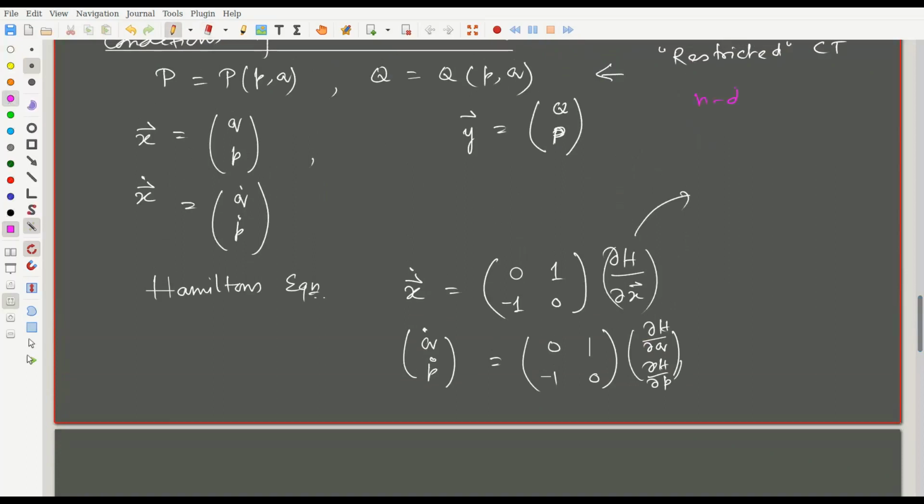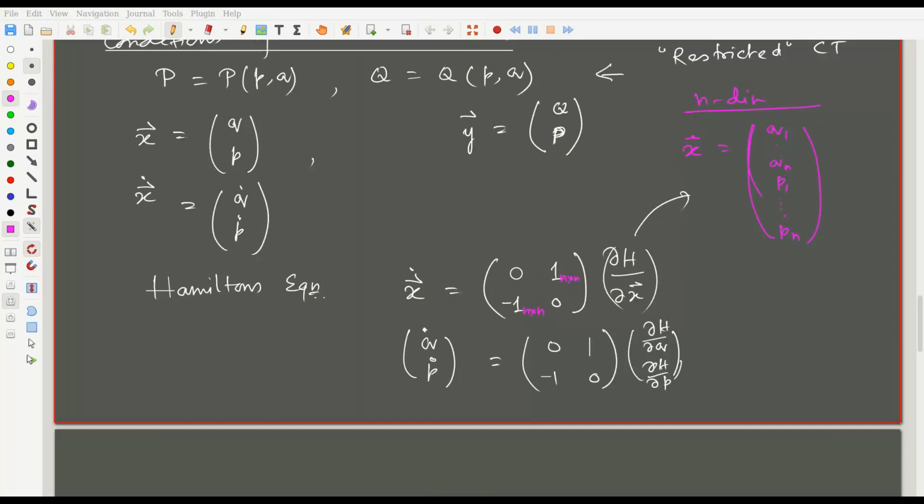So if I have n dimensions, then x is q1 up to qn, and then p1 up to pn, and the entries in the matrix are n by n identity matrices. And that's it. So you understand that I can write down Hamilton's equation in a very compact form like this.